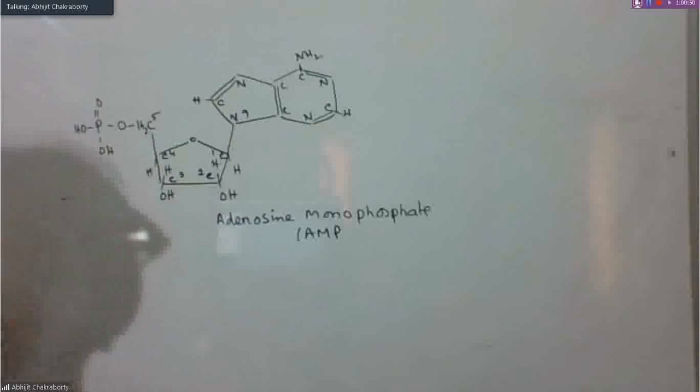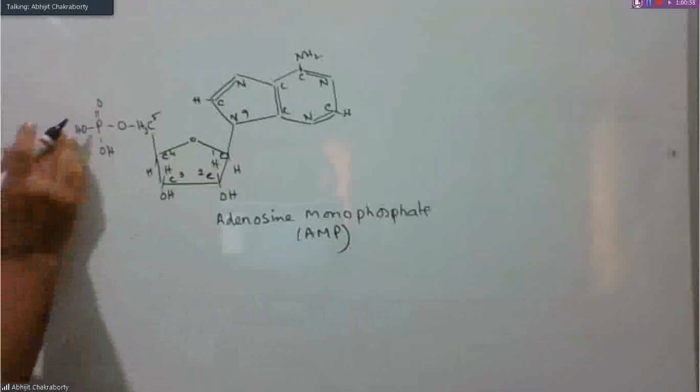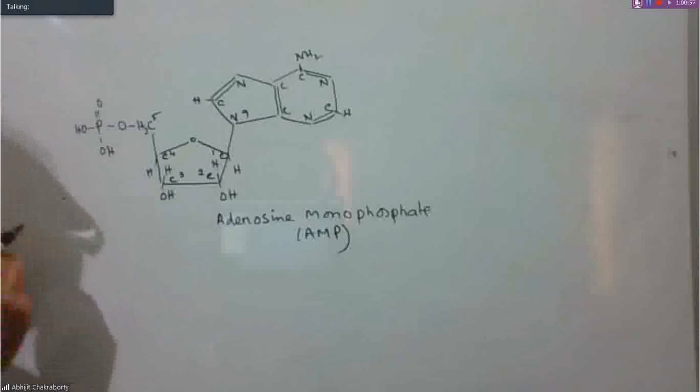So this is the adenosine monophosphate or AMP, and whenever you are going to add more phosphate groups here in this line, for example, I am showing you.